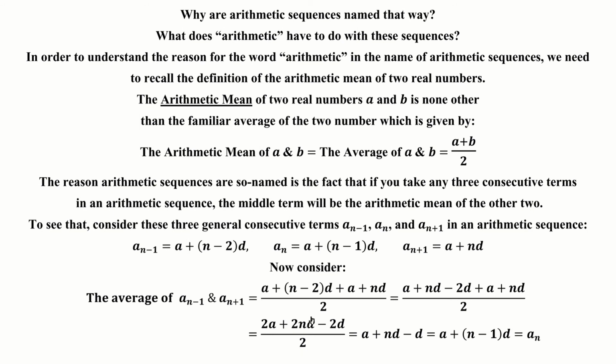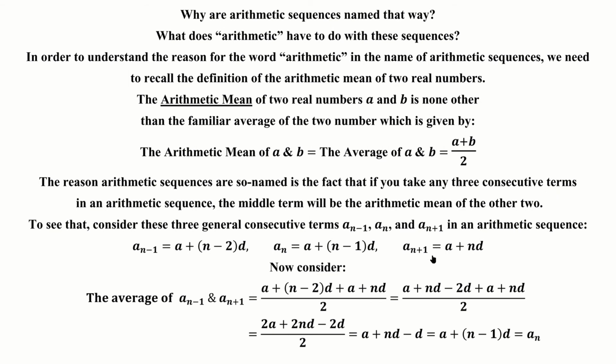So notice these terms up here are divisible by 2, so we can simplify and just get a plus nd minus d. Now, if I just keep the a and factor out the d, I end up with quantity n minus 1 times d. But what is that? Notice that's an. So we took three consecutive terms, and we found that the middle one is the average of what?